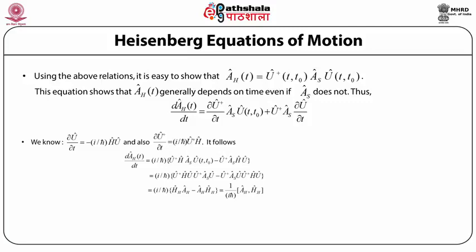We know that the partial derivative with respect to time of the unitary operator U is equal to minus i by h-bar times H U, where H is the Hamiltonian operator and U is the unitary operator.